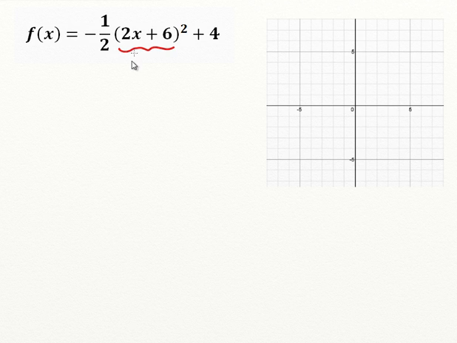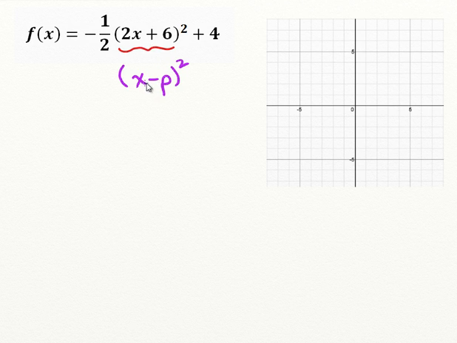Then we'd be able to read off the p value, which is the axis of symmetry, the x coordinate of the vertex, or the horizontal translation. So that's what we're expecting to see.